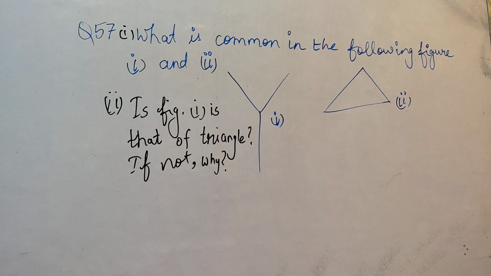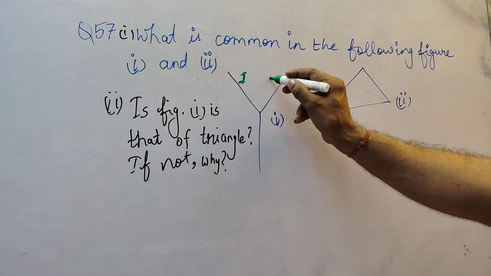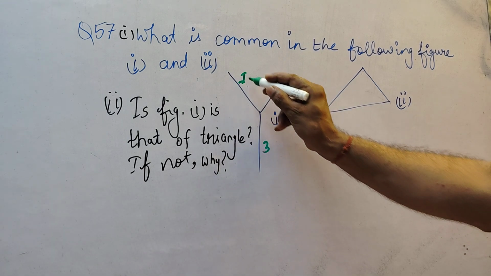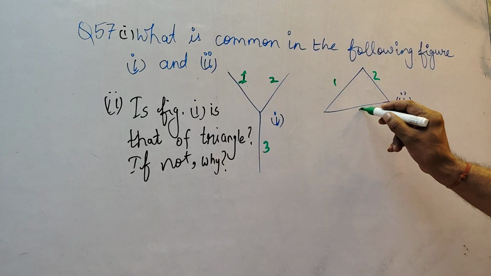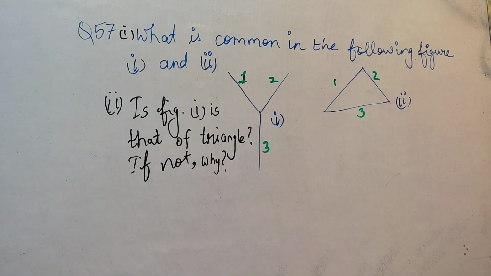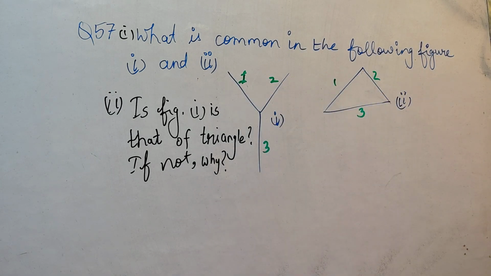So we can say here in first and second, when we see, there are three line segments. Both figures are made by three line segments, isn't it? So in both figures, the number of line segments is equal. Both have three line segments.